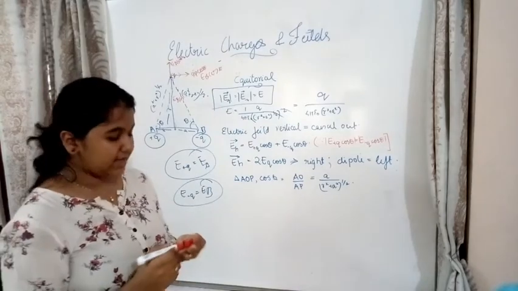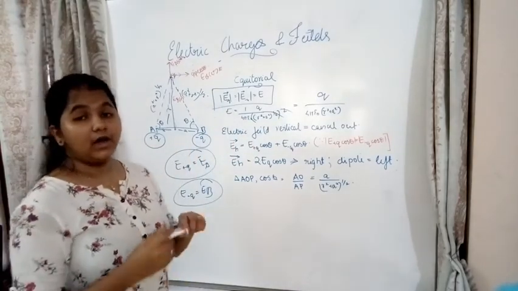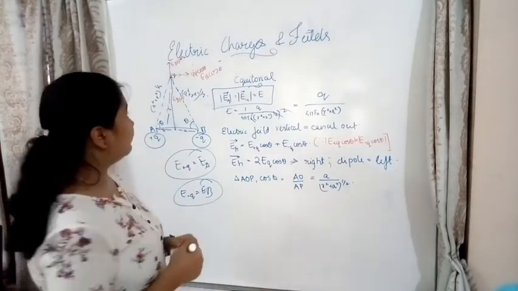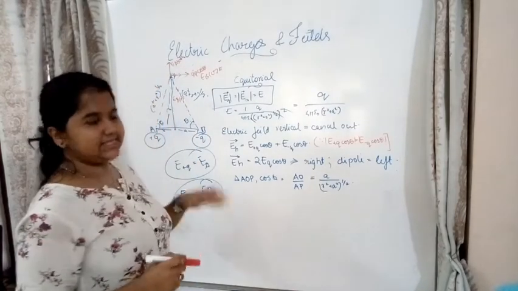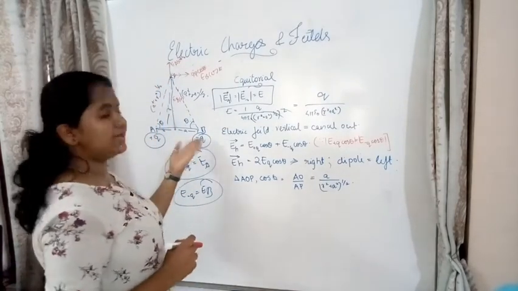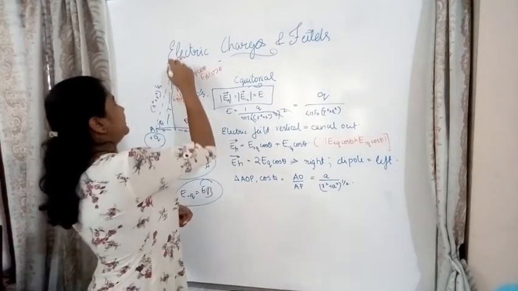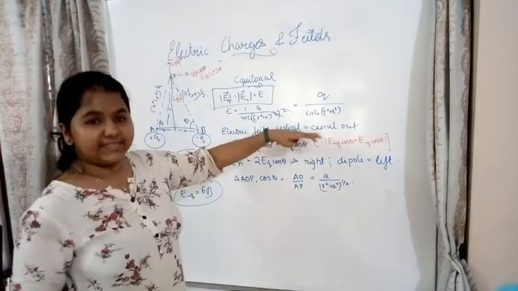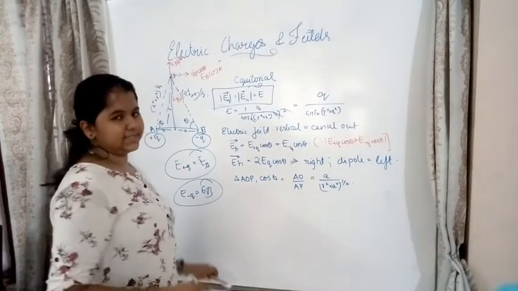We know the magnitudes of the electric field intensity of each of them are equal, therefore equal and opposite. E A sin theta and E B sin theta: E A is from the positive charge and E B is from the negative charge, so these two get cancelled out. The electric field in the vertical direction gets cancelled out.